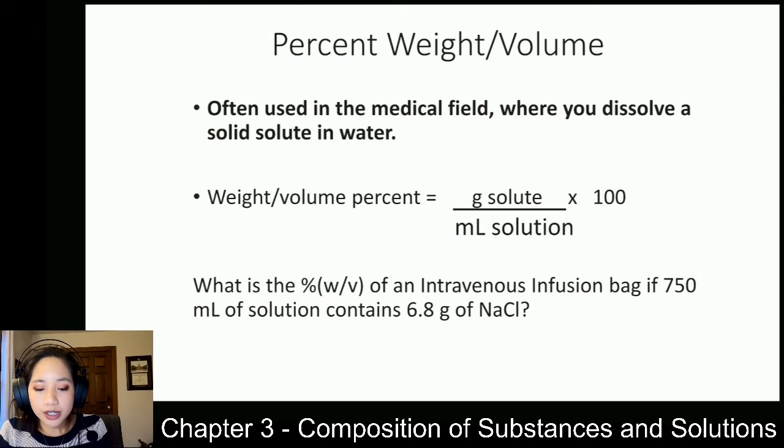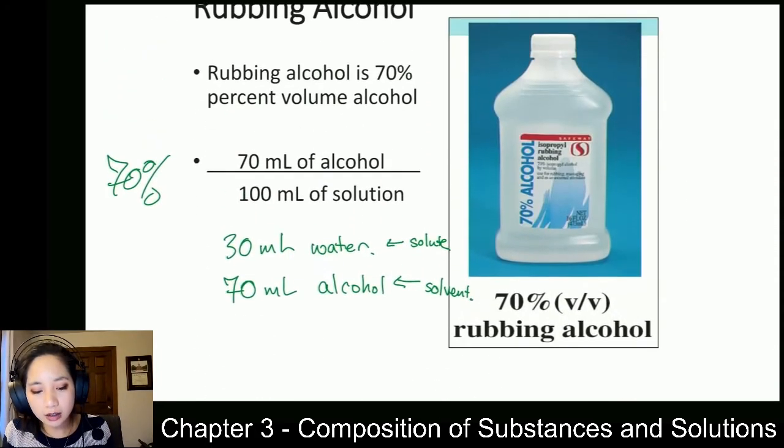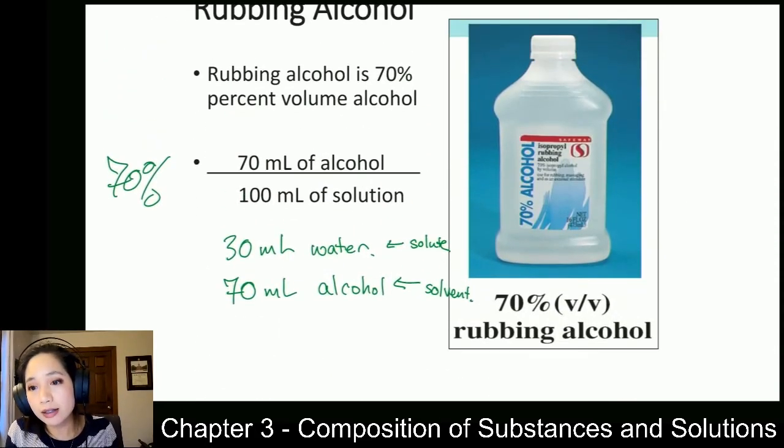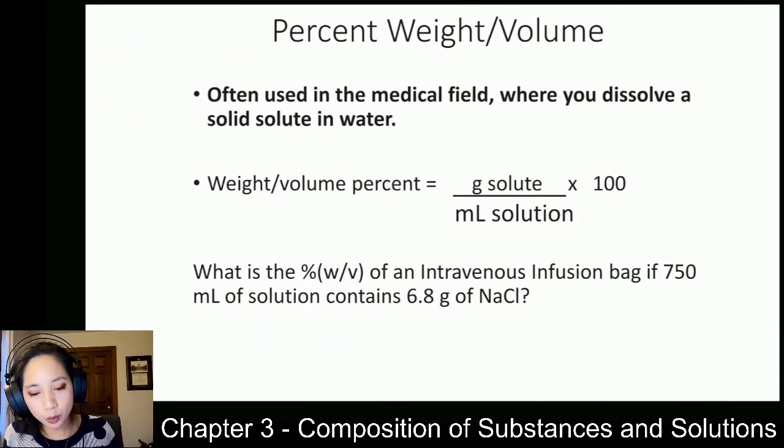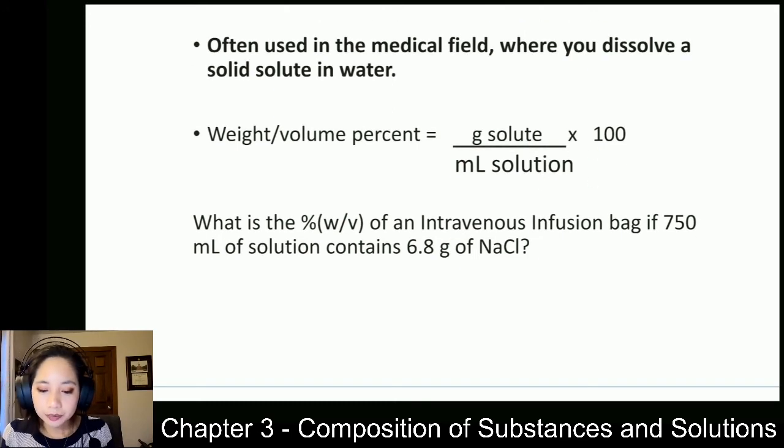With percent weight over volume, it's as straightforward as that. You take the weight of your solute in grams and divide it by the volume of your total solution. So you see a recurring theme here that the denominator is always the volume or mass of your total solution. Same thing here with weight volume percentage. It's grams of your solute, so weight, over volume of the solution, times 100 to make it a percentage.